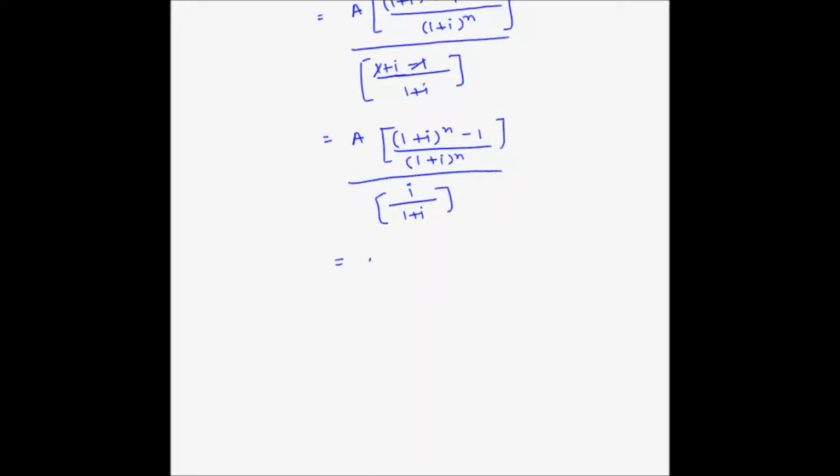So this is equal to A into 1 plus I to the power n minus 1 divided by 1 plus I to the power n. Now let's take this denominator into numerator, so this will reverse, into 1 plus I divided by I. So here we have 1 plus I divided by 1 plus I to the power n. So x divided by x to the power n.